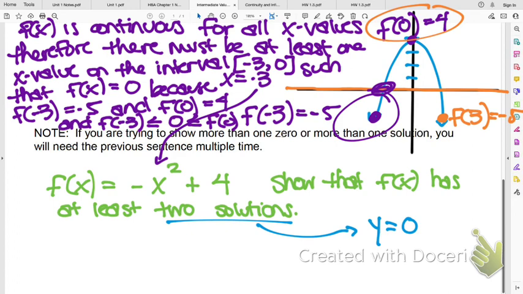Would we like to repeat that process or no? Maybe. Yeah? Okay, so everything would be good in my statement. Are we all okay if I just erase pieces? Is that okay? Okay, so I'm going to go ahead and say, now this one, the statement would be the same, except it would say on the interval 0 to 3, such that f of x equals 0 still, because x equals 3 is not part of my statement either.